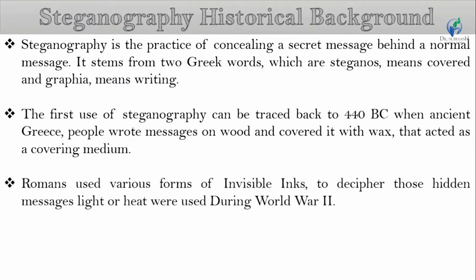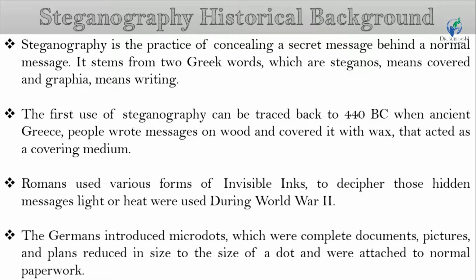Then the Romans used various forms of invisible inks, and light or heat was used to reveal those hidden messages. During World War II, the Germans introduced microdots, which were complete documents, pictures, and plans reduced in size to the size of a dot and attached to normal paperwork.